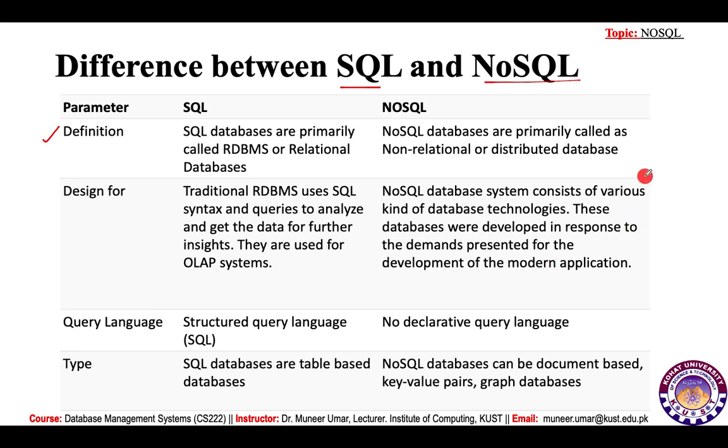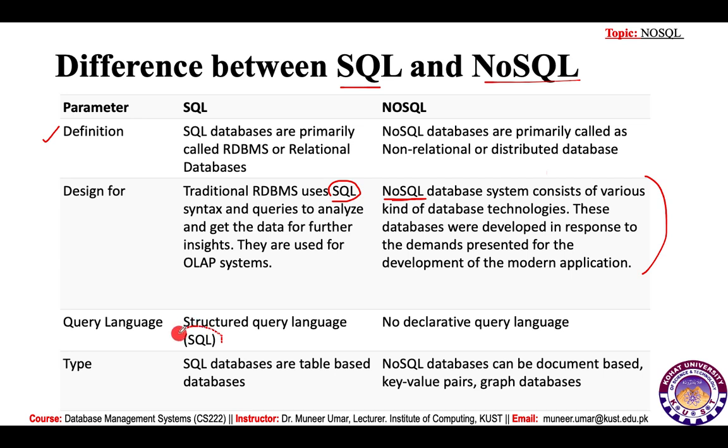You will find lots of standards or types of NoSQL databases. In RDBMSs, we have a standard language, SQL, while in NoSQL there are different syntaxes. Then we have the query language.